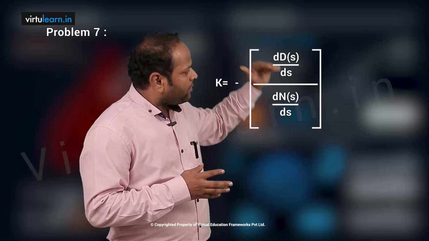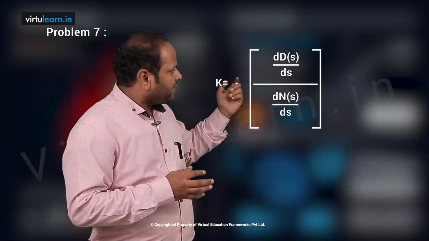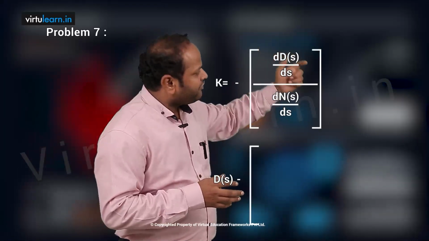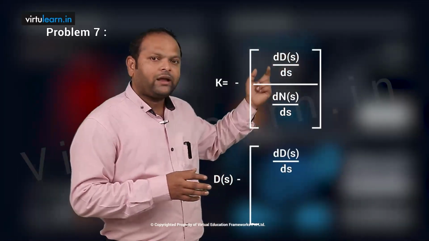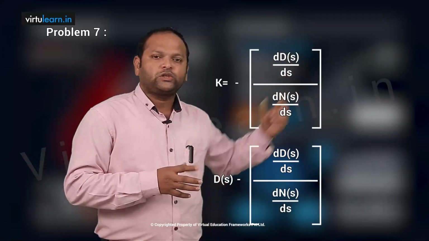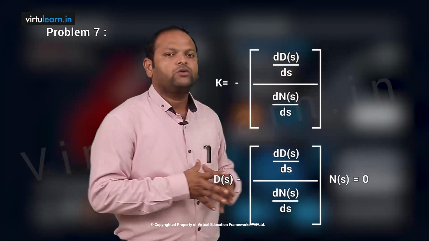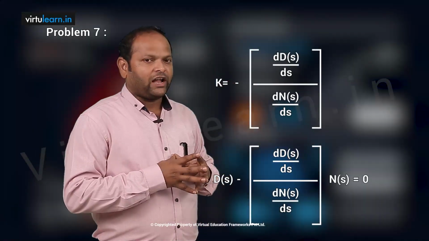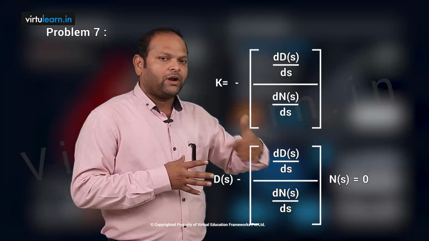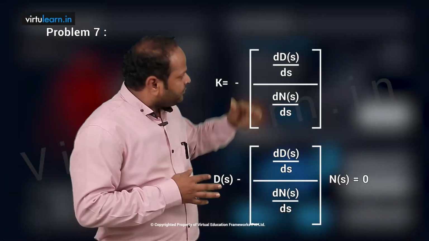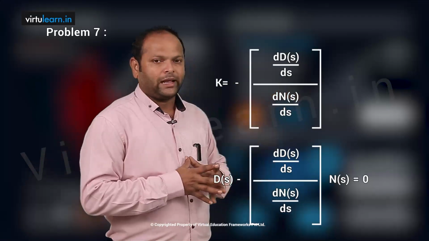With k as minus dD of s by ds divided by dN of s by ds, we have D of s minus dD by ds over dN by ds times N of s is equal to 0. We are substituting the k value where the characteristic equation has multiple poles.